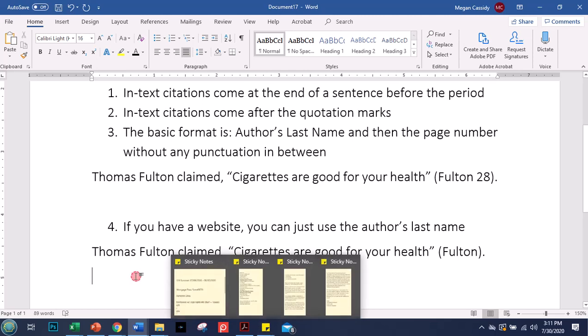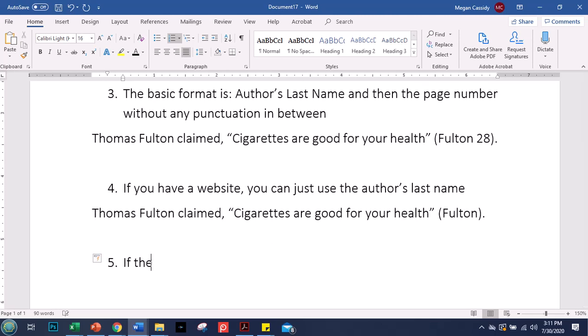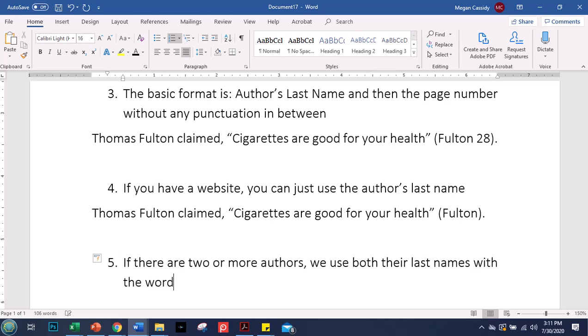So there are other rules, but this is basically the same idea. If there are two or more authors, we use both their last names with the word and, and then the page number.